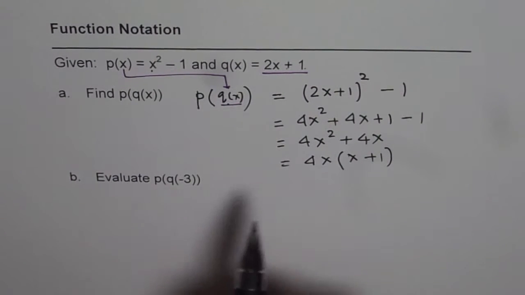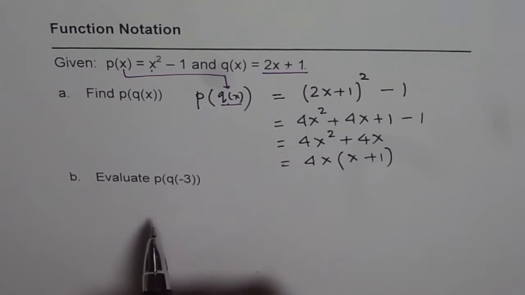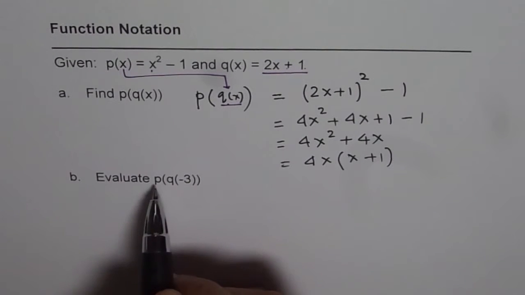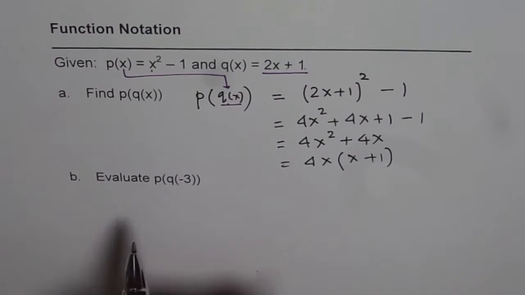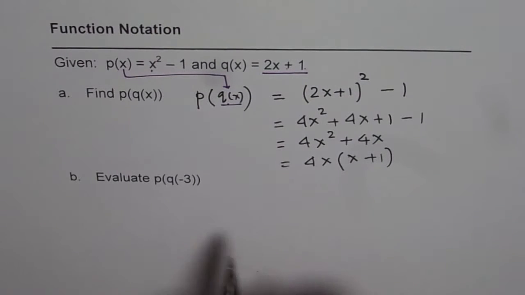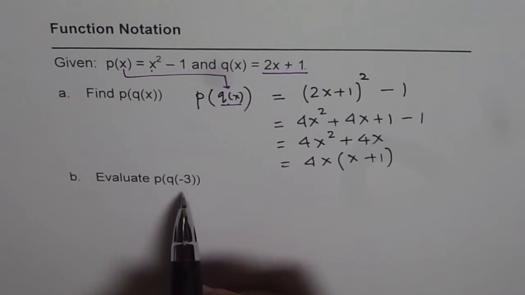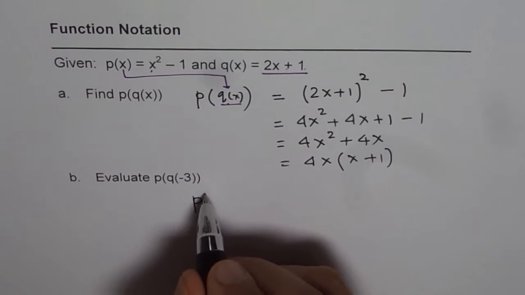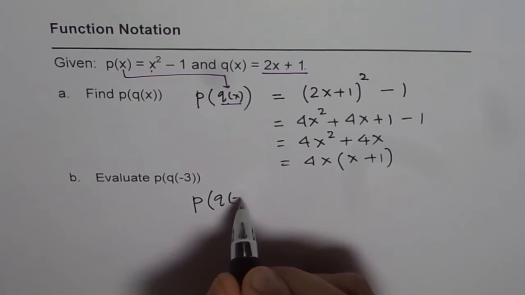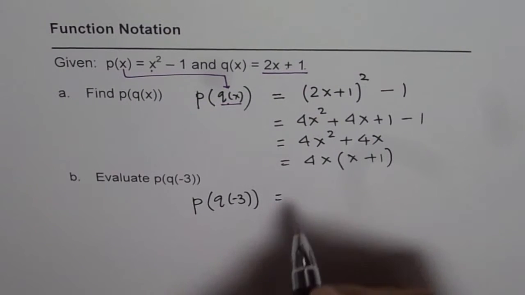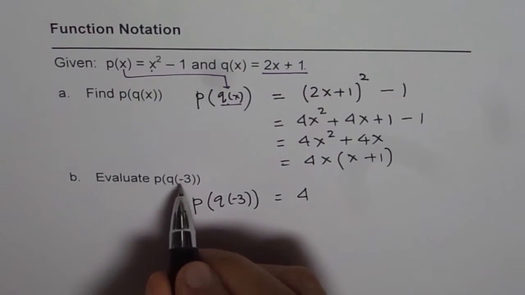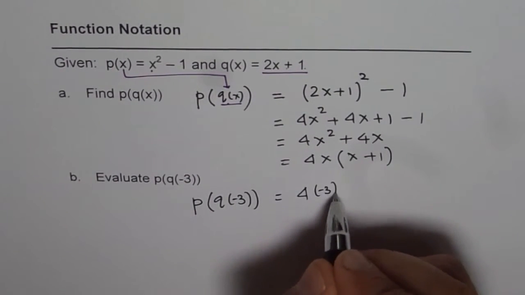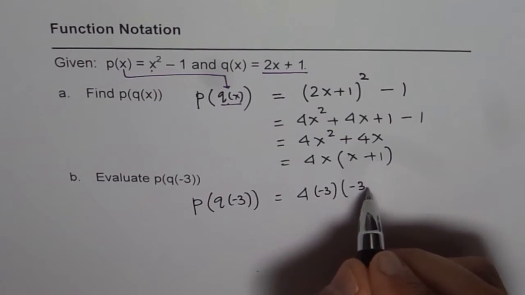Now let's try to evaluate the value of this function of function. So when we say p of q of minus 3, since we have this expression of p of q of x, we can replace x with minus 3. So what we get here is p of q of minus 3 is equal to 4 times minus 3 times (minus 3 plus 1).